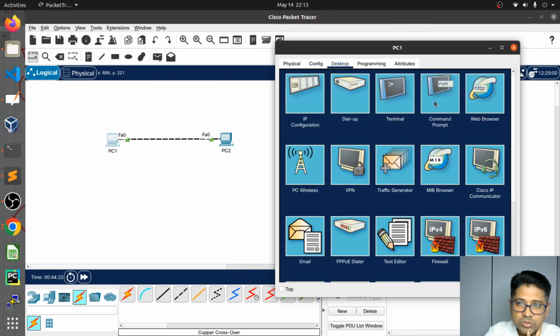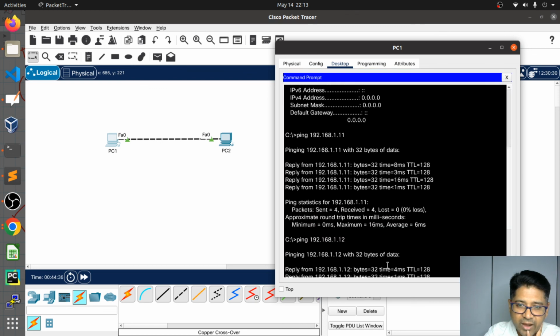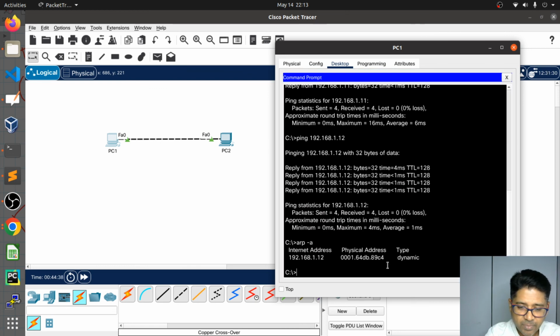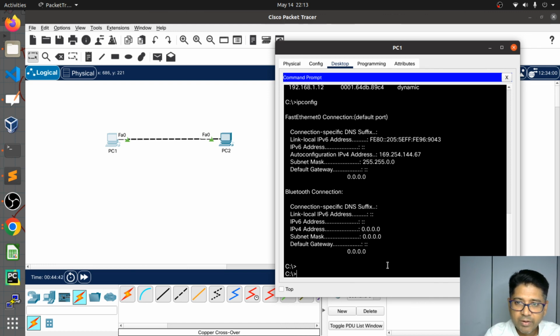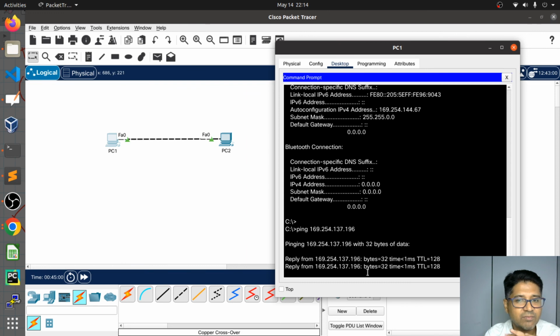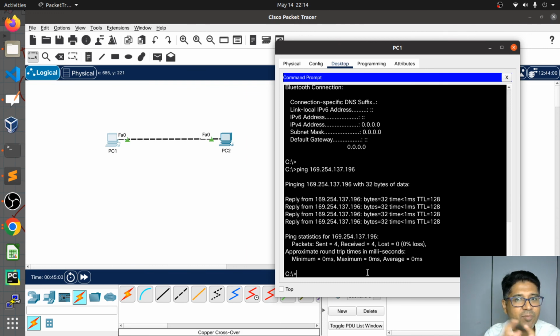Close. Check what the IP is on the other PC. Here we also receive a 169.254 address. So these two PCs are able to communicate using APIPA.